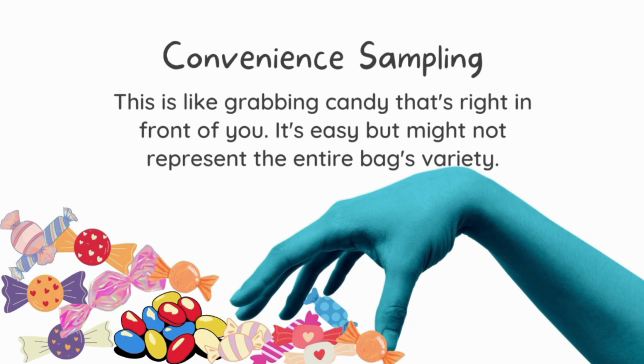So the individuals who are convenient or readily accessible to the researcher are included in the sample, often without any randomization. There is no strict selection criteria for the samples.